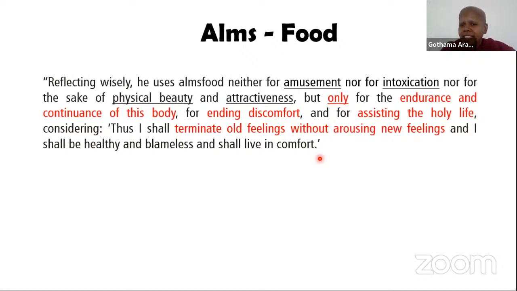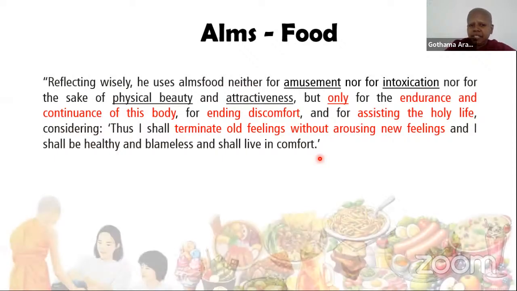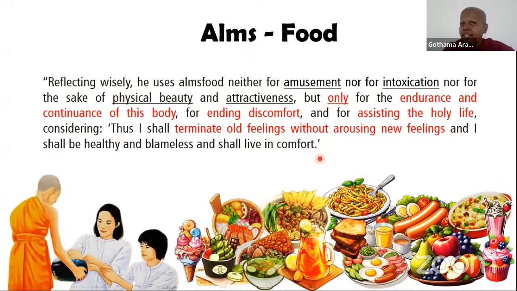Actually, there's something that you need to remember when we talk about food. For the purpose of living, we need to have nourishment for the body. The salt and the level of sugar and everything should be at the optimal level that will help your body, brain, and nervous system function.